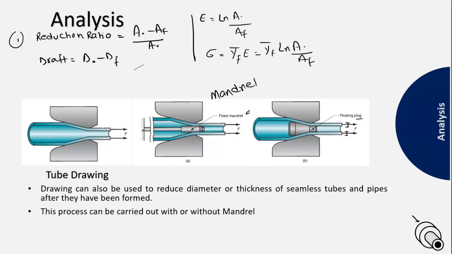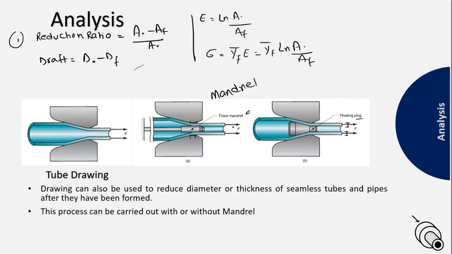A mandrel is a supported metallic plug, you can say. We can have it in between the die at the bearing surface of the die. So the remaining opening would be the thickness of the tube. This is how we can reduce the thickness of the tube, whatever we want.